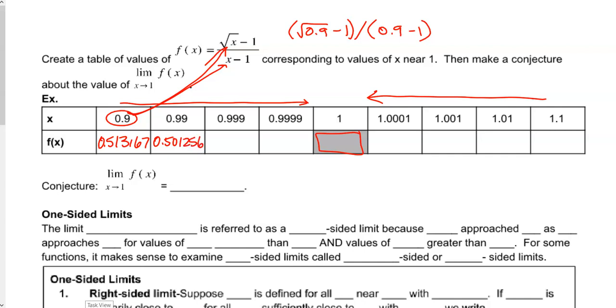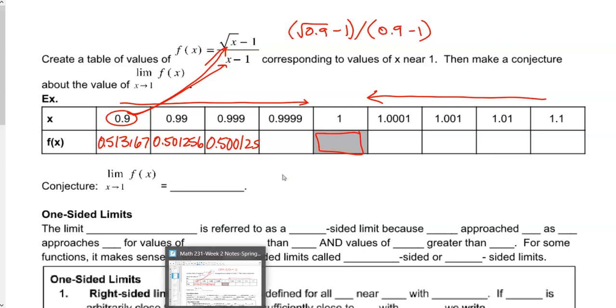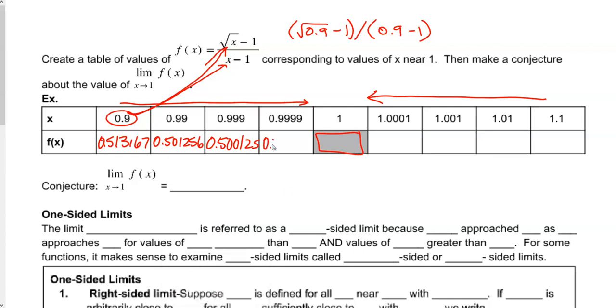That's a little bit smaller, closer to 0.5. Putting 0.999 in gives me 0.500125, getting closer and closer to a half. And on this one, it's 0.500013. And so, coming in from the left, I might choose a guess to be 1/2 or 0.5.